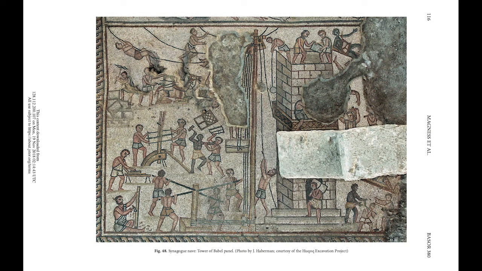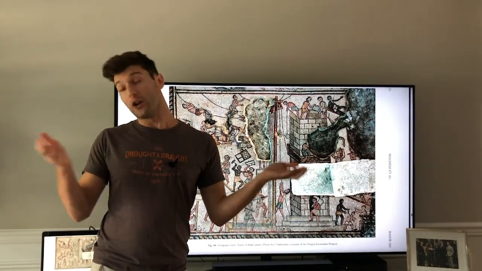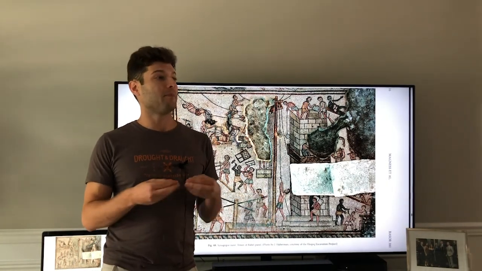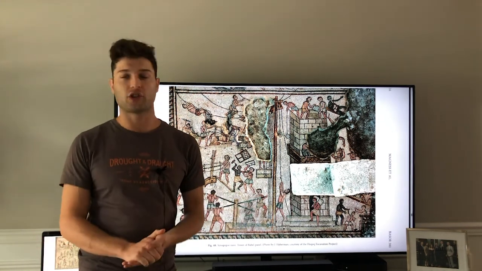For a long time, there was this sort of overwhelming idea that God and the divinity are never depicted in ancient Jewish art, or in Jewish art in general. But this idea doesn't really hold up and account for all of the archaeological evidence that's been found.